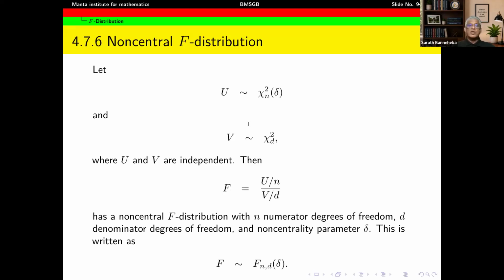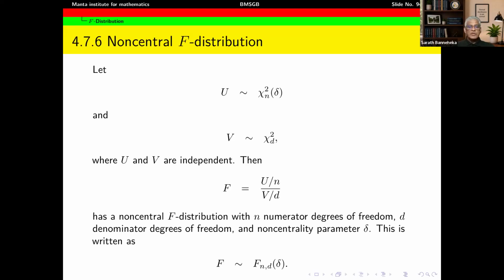But if U now has a non-central chi-square distribution with n degrees of freedom and non-centrality parameter, say delta, and V has a central chi-square with d degrees of freedom, and if U and V are independent, then this ratio has a distribution called the non-central F distribution with numerator degrees of freedom n, denominator degrees of freedom d, and non-centrality parameter equal to delta.